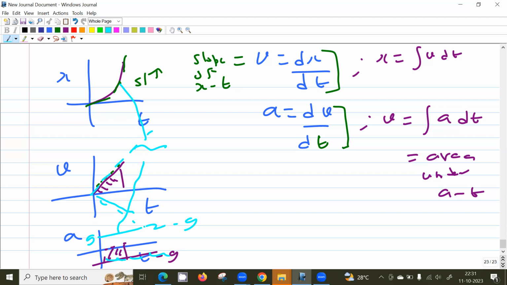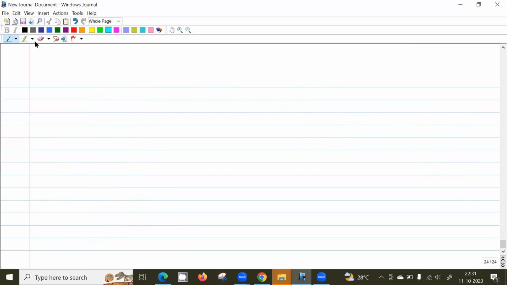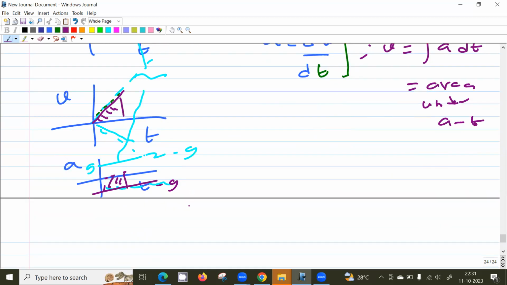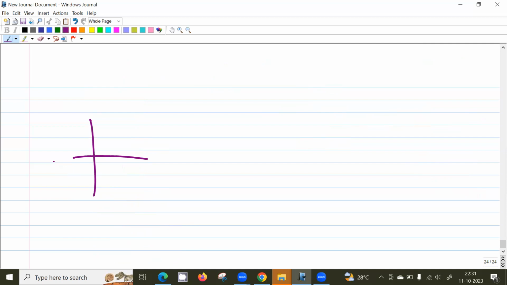Okay. So if the velocity is going down, here the velocity was increasing with time, right, the previous one. So suppose I make it decreasing with time, v versus t.